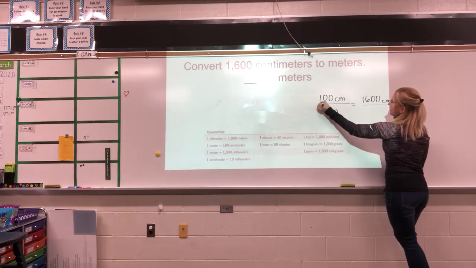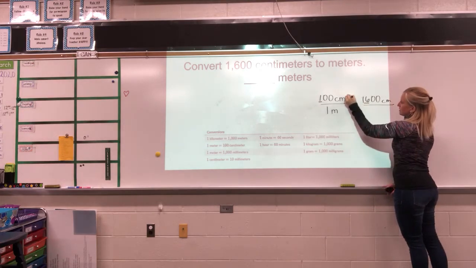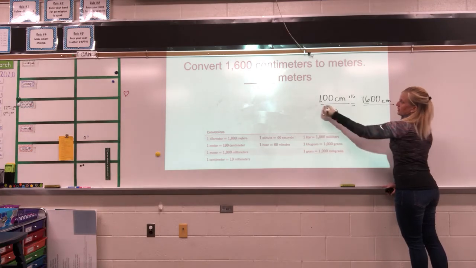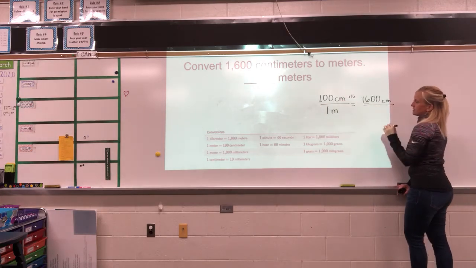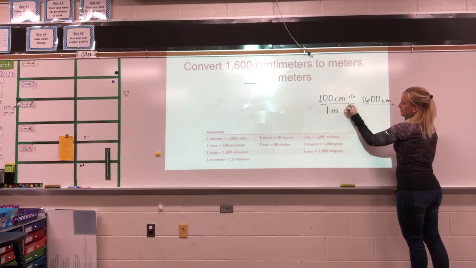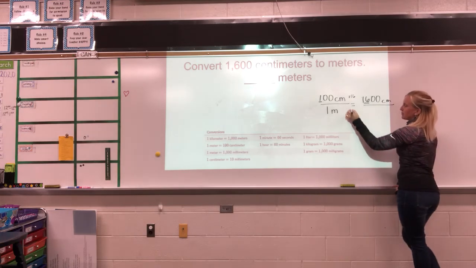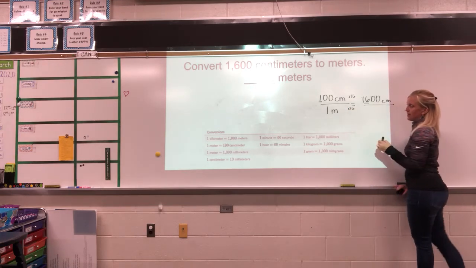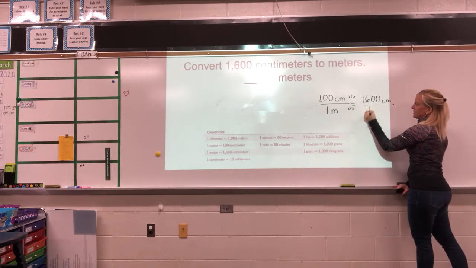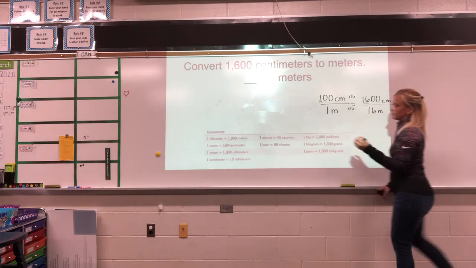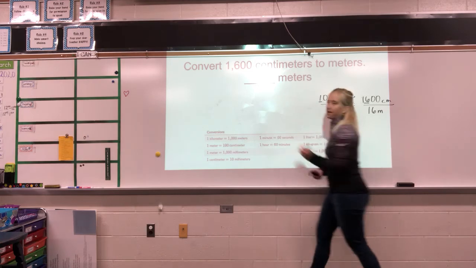Well, 100 times 16 is going to be 1,600. So if I did times 16 on the top to keep it equivalent, I'm going to do times 16 on the bottom. 1 times 16 is going to give me 16 meters. So my answer is 16 up here.